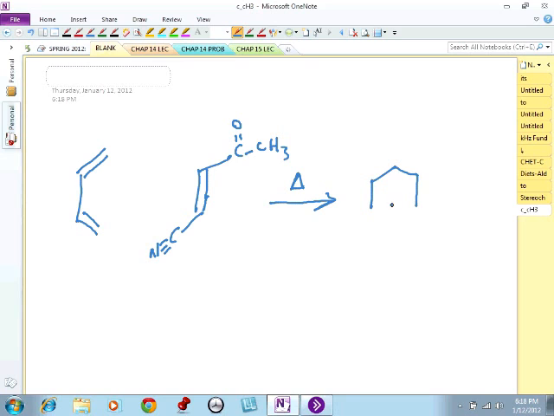Trans, exactly. What the Diels-Alder reaction does is to maintain the stereochemistry of the starting material. So here, and this here will be coming at you. So we say the Diels-Alder reaction is stereospecific.